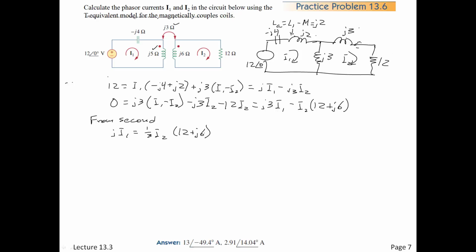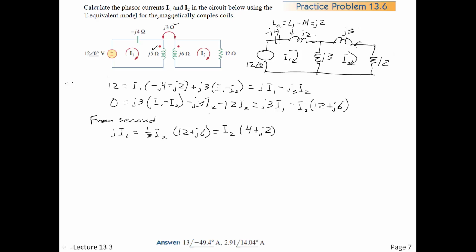And I kind of did this eyeballing that 12 plus J6 was divisible by 3. So I2 times 4 plus J2. That's the relationship between those two.